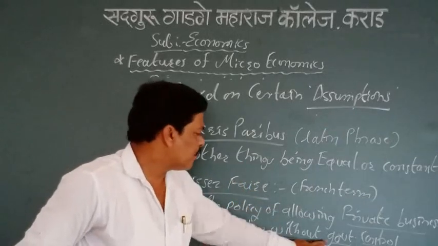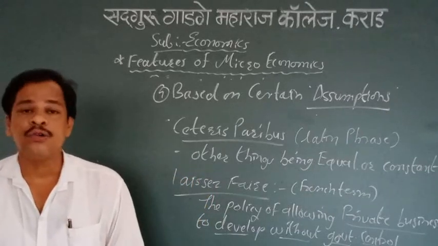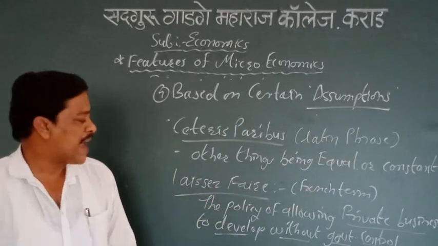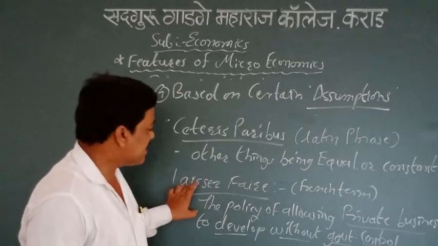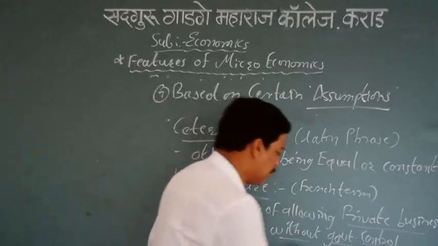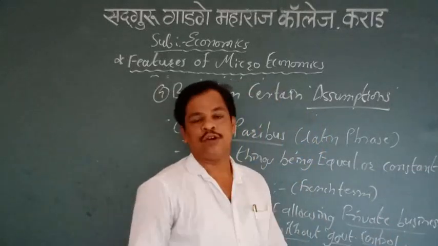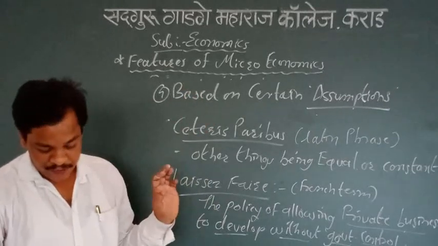There is no government control. How to utilize resources, how to take loans from a bank, I am free in all these things. This condition is called laissez-faire. These two terms are very important for you, and very new for you. Okay, based on certain assumptions.